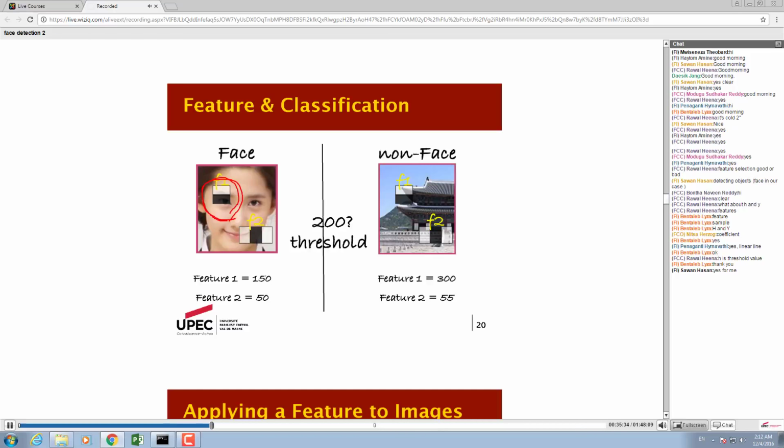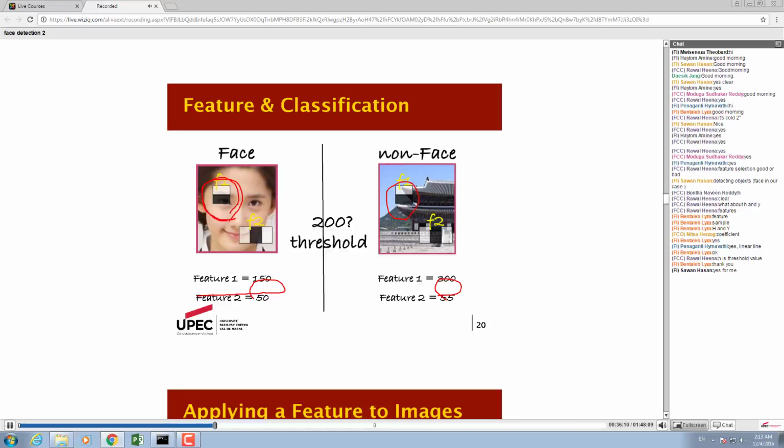Then in this example, just for understanding, I assume F1 showed the value 150 for this face image. If you apply the same feature F1 to a non-face sample, like on the right side, then the F1 value becomes 300. So this is an example value.